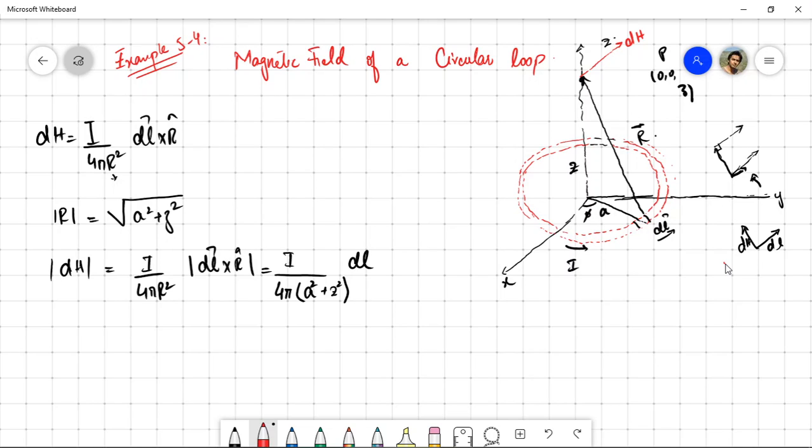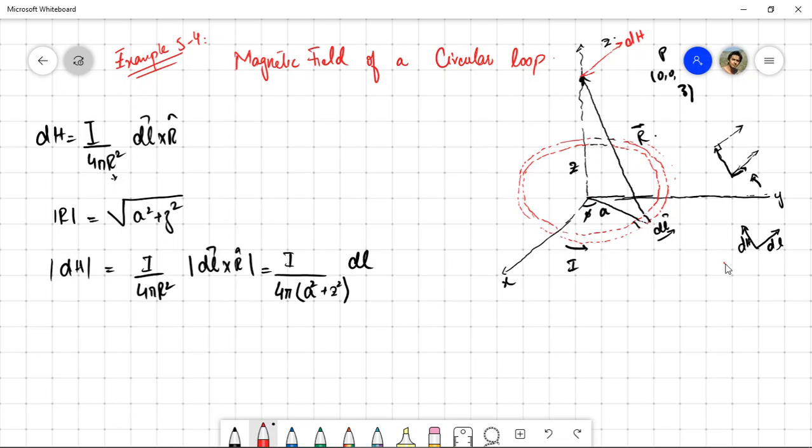The dl will be just like this, and dH will be perpendicular to dl too. So this is basically the direction of dH.